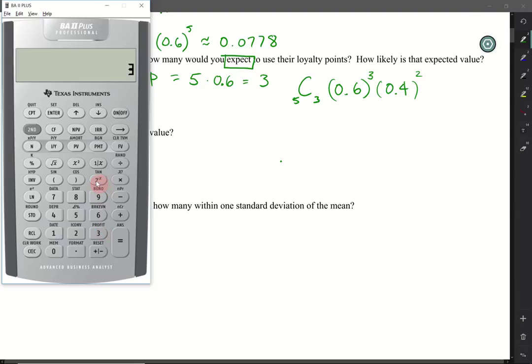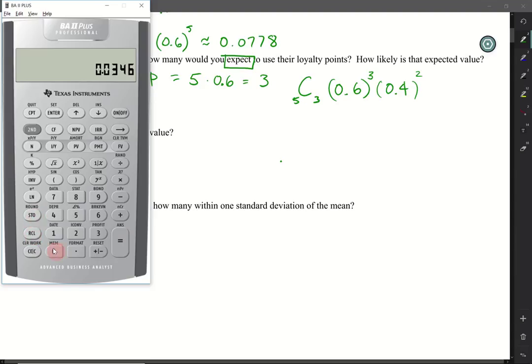So now the 0.6 is my base, that sort of got shifted over up into y, and this 3 that I see is now the x. Okay. So let me multiply now by 0.4 squared. Okay. So let me store this.